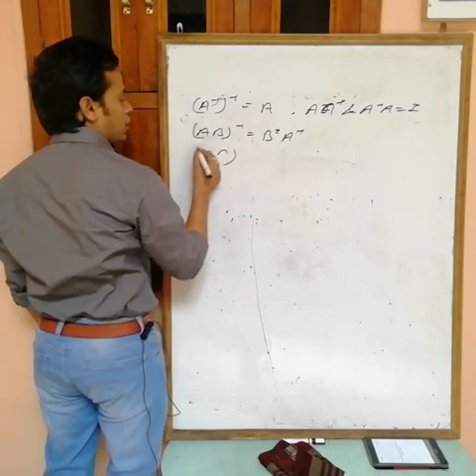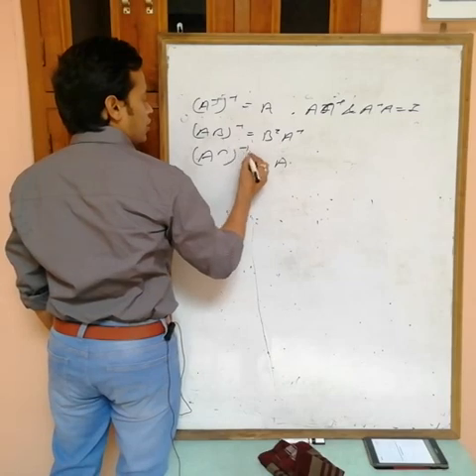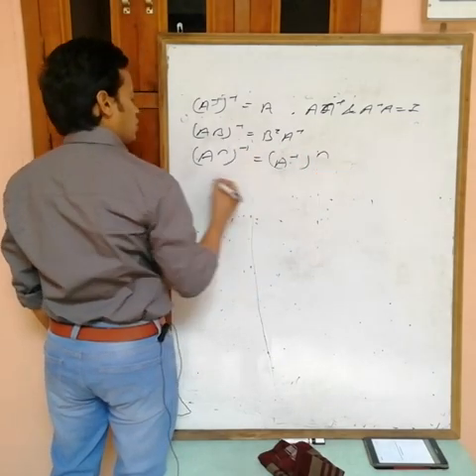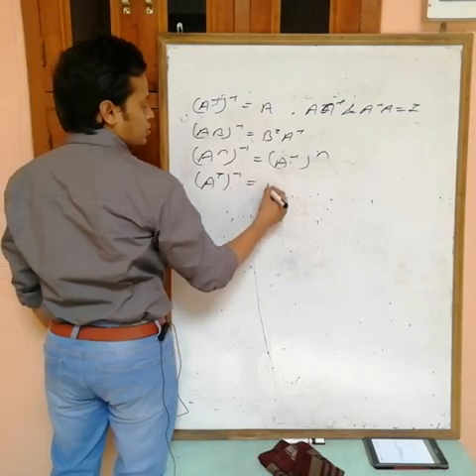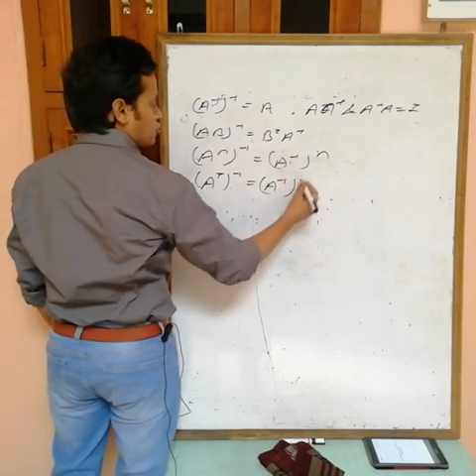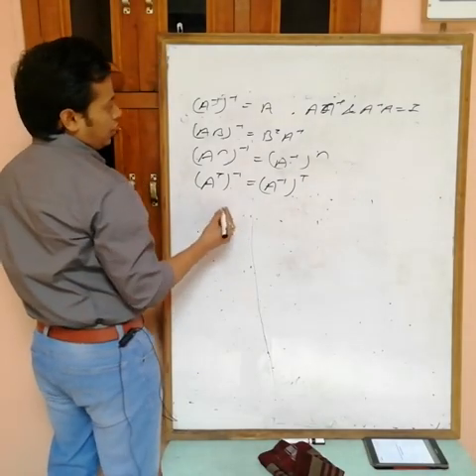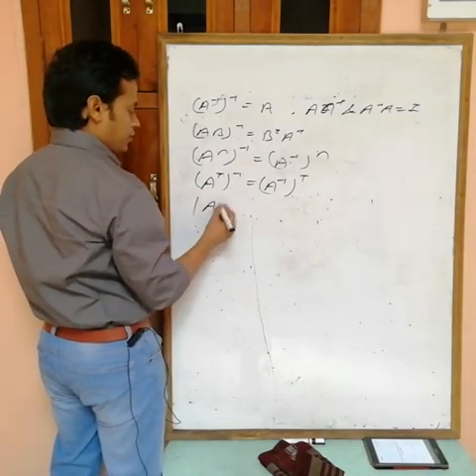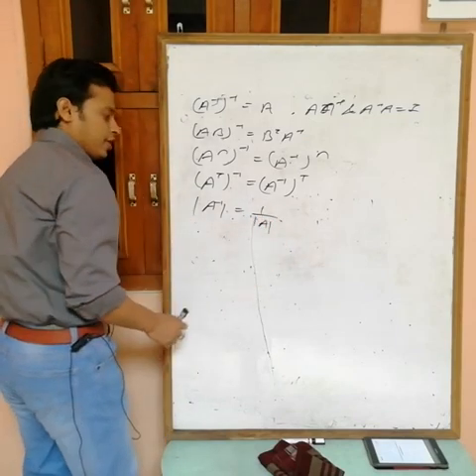A power n inverse equals A inverse power n. Inverse of A transpose is equal to transpose of A inverse. And determinant of A inverse is equal to 1 by determinant of A.